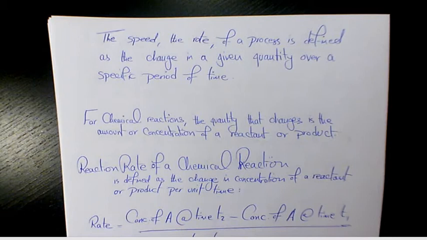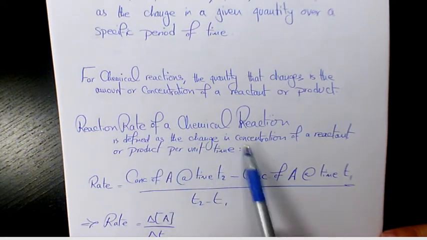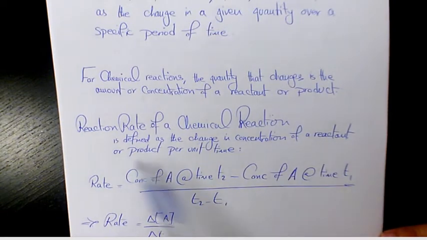So in this case, when we are dealing with reaction rate, mostly we are dealing with change in molar concentration over time. For chemical reactions, the quantity that changes is the amount or concentration of a reactant or product. Reaction rate of a chemical reaction is defined as the change in concentration of reactant or product per unit time.